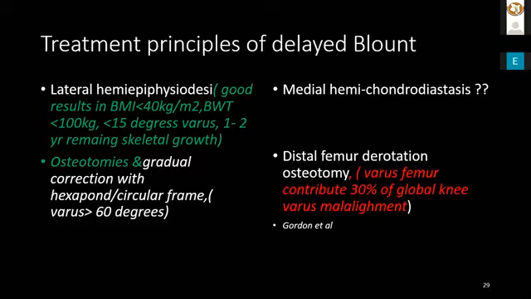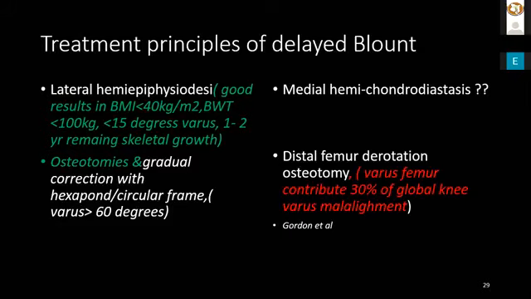Those we can go for simple growth modulation. Occasionally, osteotomies, you have to do gradual correction with the hexapod and circular frames, as we have said, for these delayed Blount's conditions.